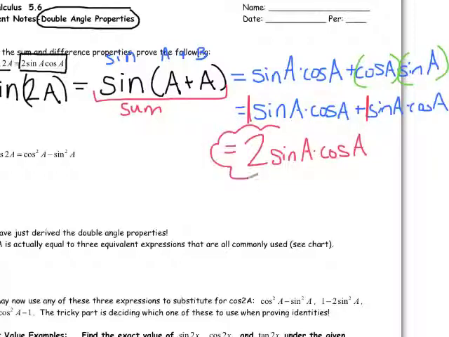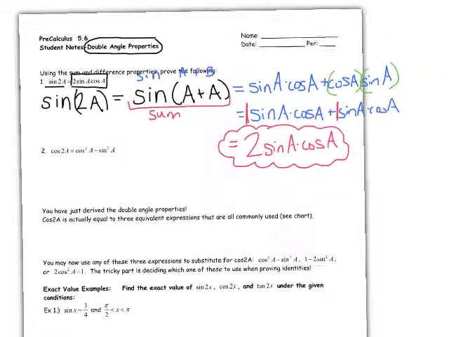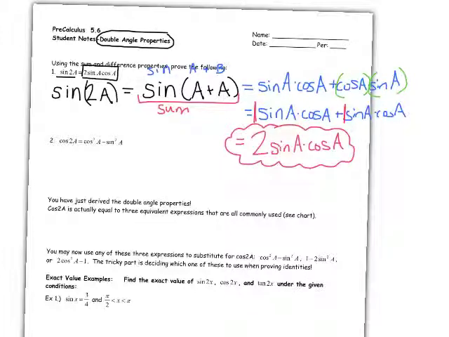And that is exactly where we were trying to go. If you look at your formula chart, this is the very first identity: the sine of a double angle, sine of 2a, you can write as 2 sine a cosine a.